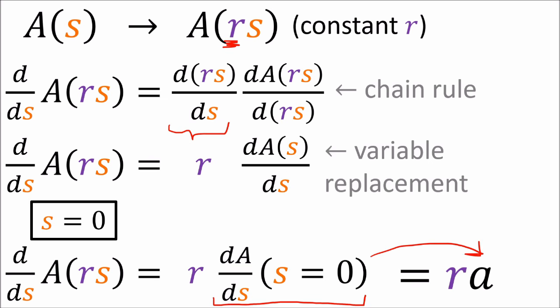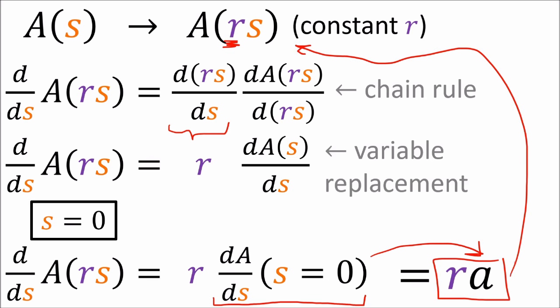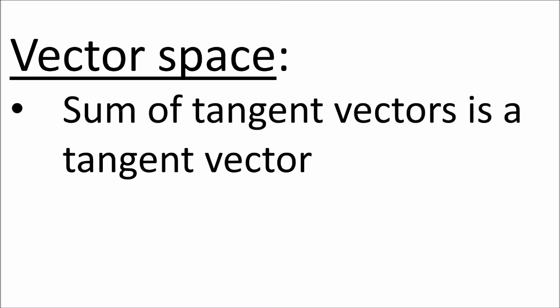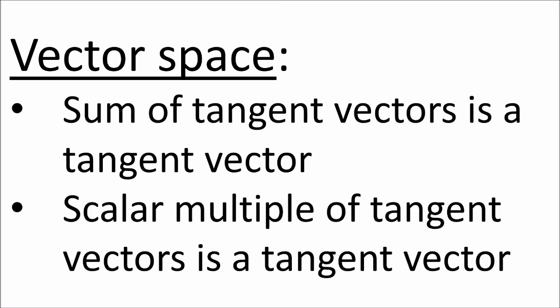So we see that the scalar multiple of tangent vector small a gives another tangent vector, which is tangent to the curve a of r times s. So we've shown that we can add tangent vectors together and scale them to get more tangent vectors. This is the basic definition of a vector space.